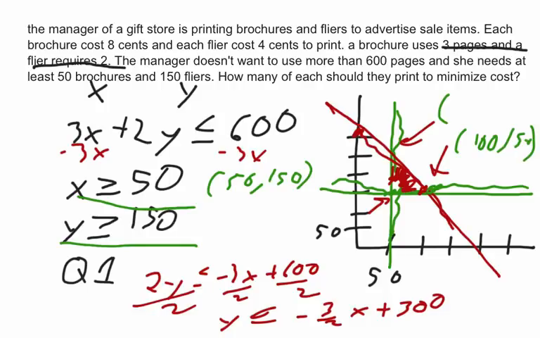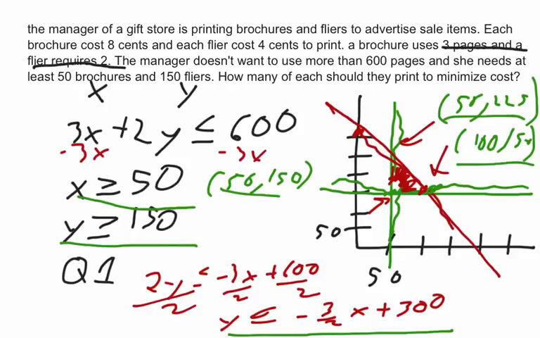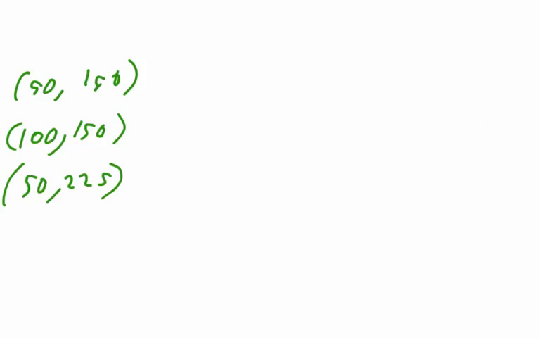And this point over here turned out to be 50, 225. I found that by plugging x equals 50 into that equation down there. So on the next page, I'm going to have these points written down: 50, 150, 50, 225, and 100, 50. I meant 100, 150. Alright, so here are the points.